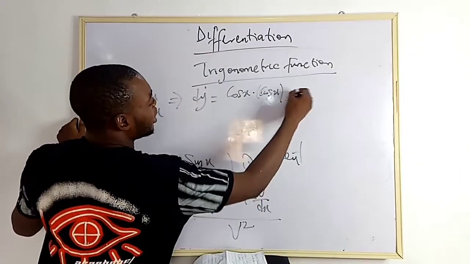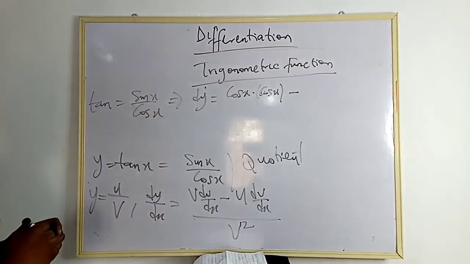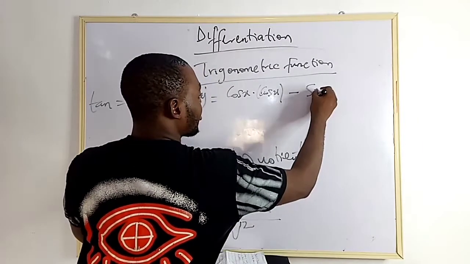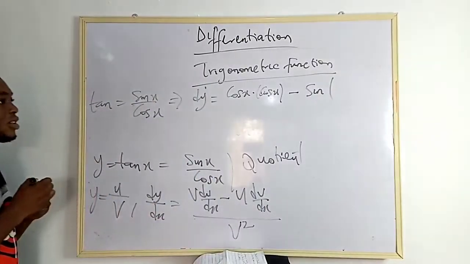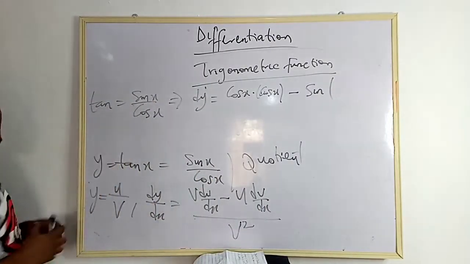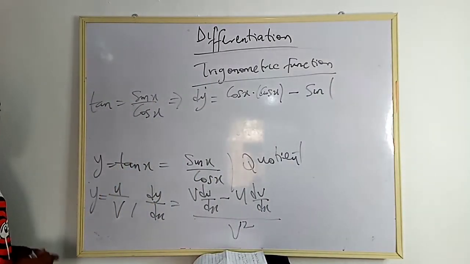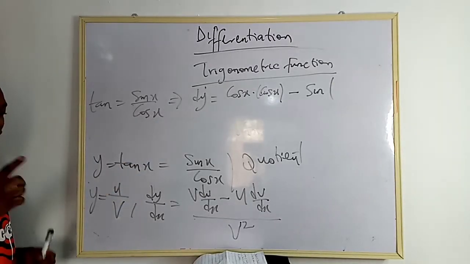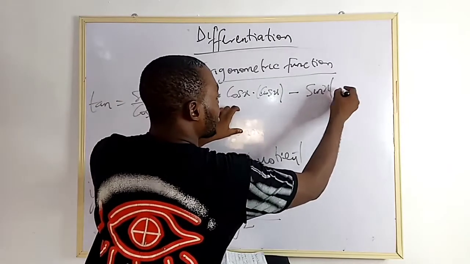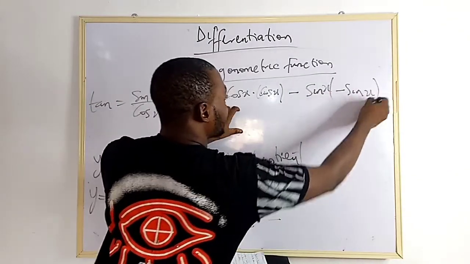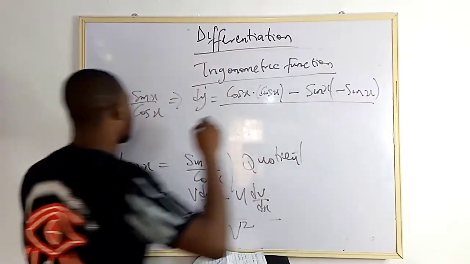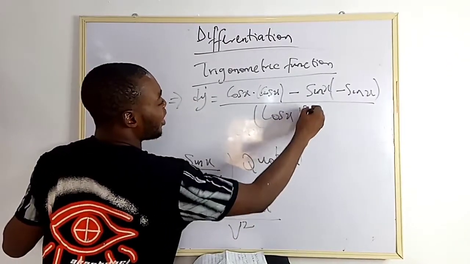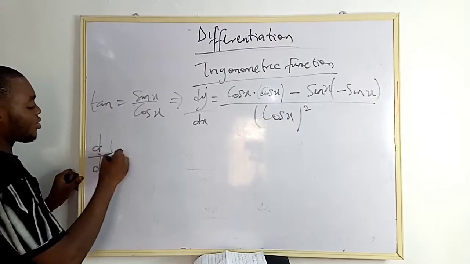Then minus u, which is sin x, times dv/dx. Our v is cos x, and the derivative of cos x is minus sin x. Everything over cos x, all squared.